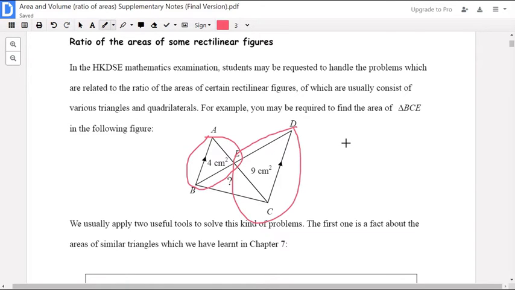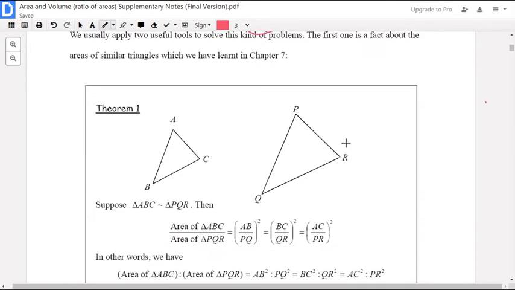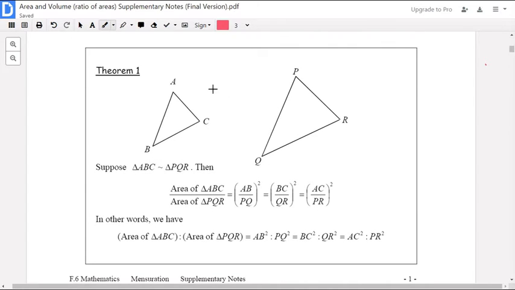Okay, we are going to introduce two useful tools to handle this kind of problem. This is theorem 1. Suppose triangle ABC here is similar to triangle PQR. Then, as you have learned in Form 3, the ratio of the area of triangle ABC to the area of triangle PQR will be the ratio of AB to PQ squared, or BC to QR squared, or AC to PR squared.